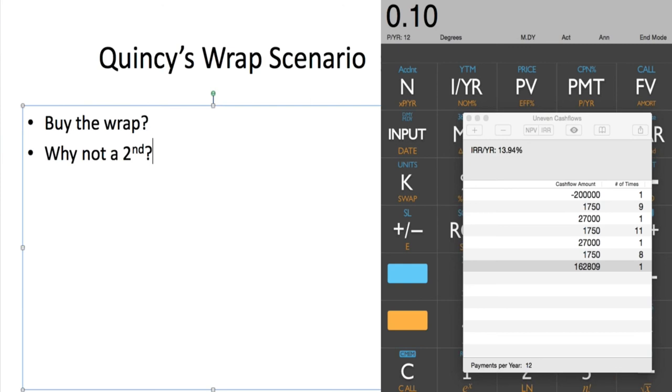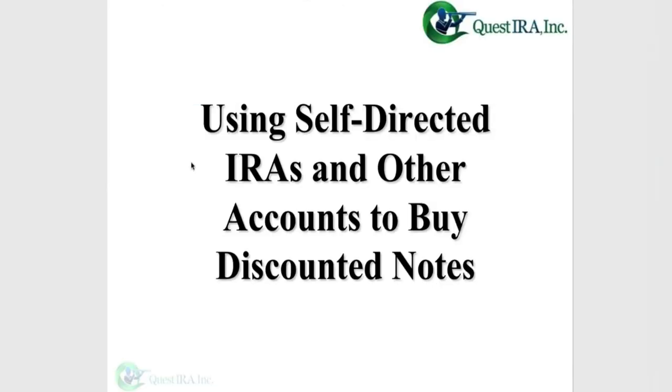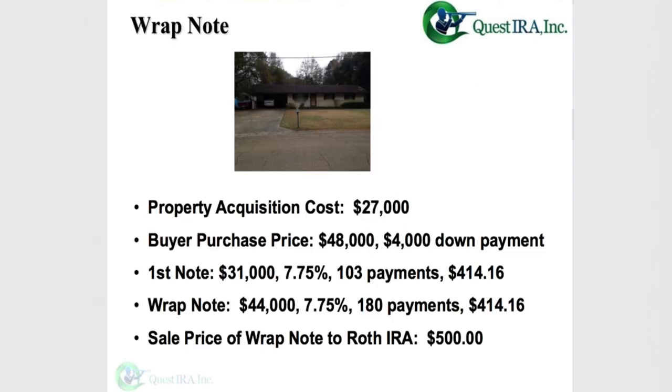One thing about wraps versus a second is that if you own the second, it's harder to control the first. Wrap note. Yes. If I'm the second lien holder behind a first, I don't have the right to collect the payment on behalf of the first lien holder.